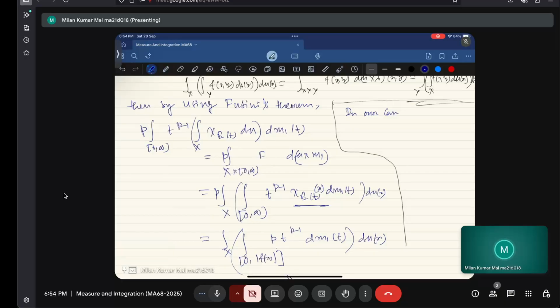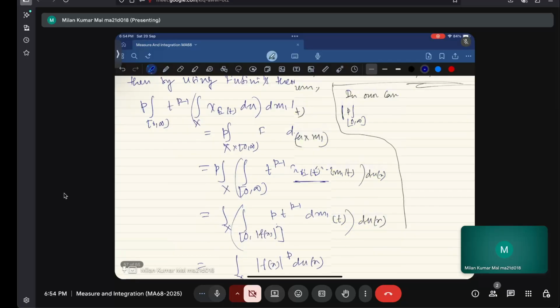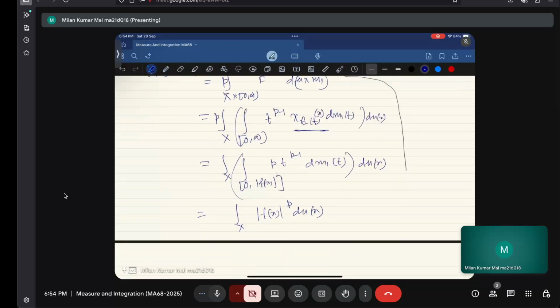In our case, mod of the integral from 0 to infinity, I mean, we can start from here. We can do the reverse.